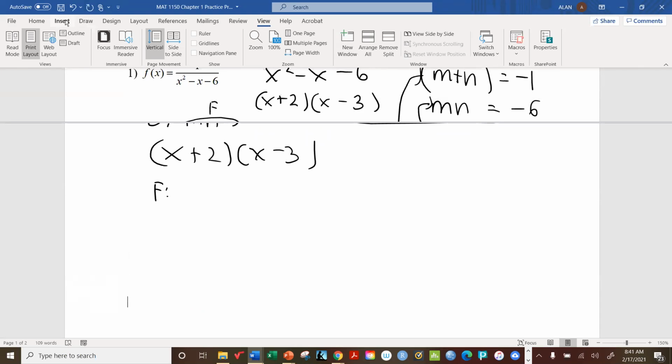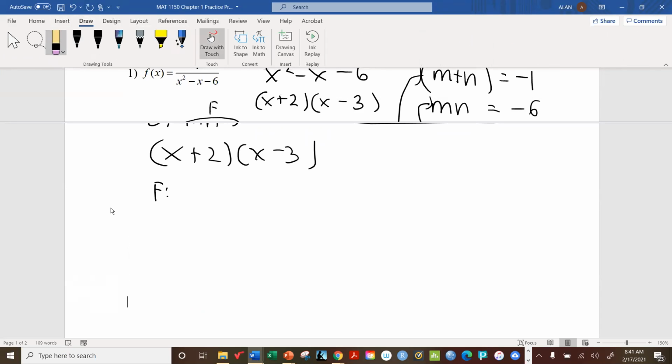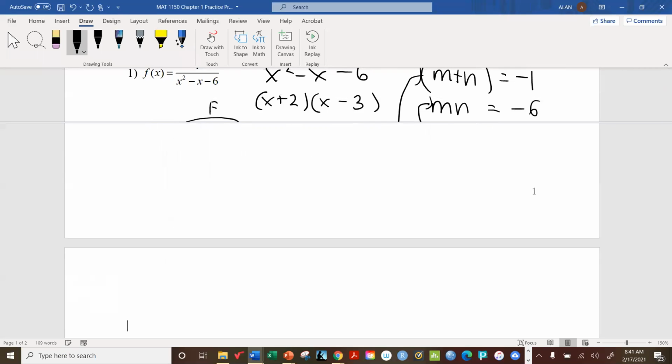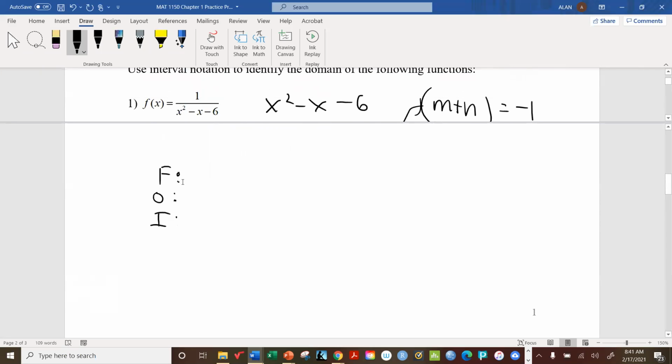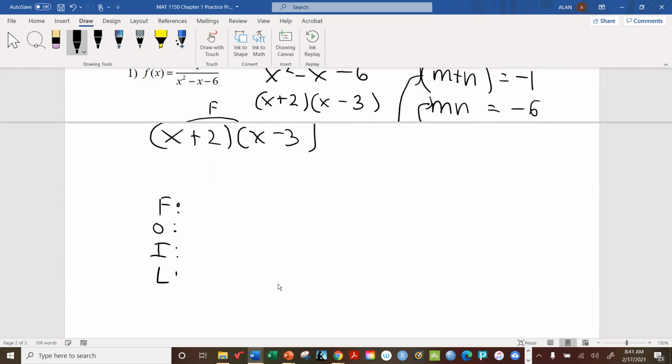It just seems like the way to go, although there are other things you could do here too, and I'll show you one that you might like even a little better. But we'll start with FOIL. F is these two.